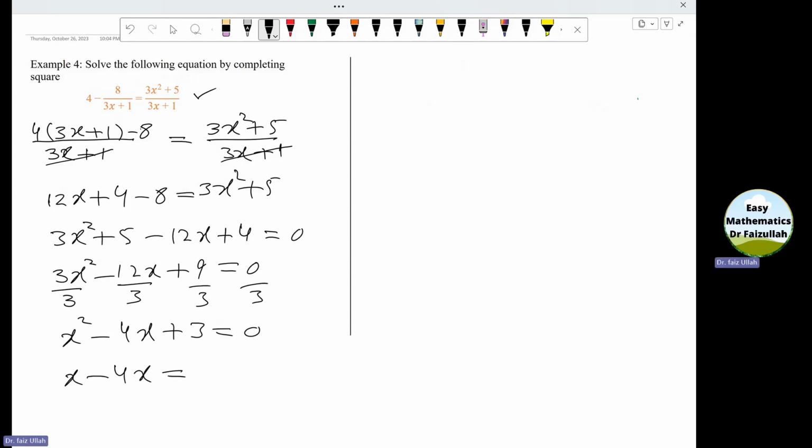We get minus 3 here. And now in this step we need to multiply the coefficient of x by 1 over 2. So we write 1 over 2 into 4. You can write 4 or minus 4 because at the end we shall add the square of that thing. So we add the square of 2, 2 square, on both sides.